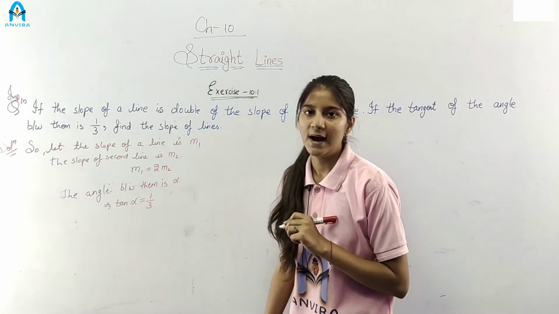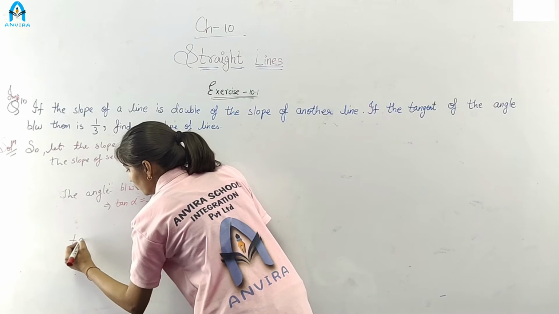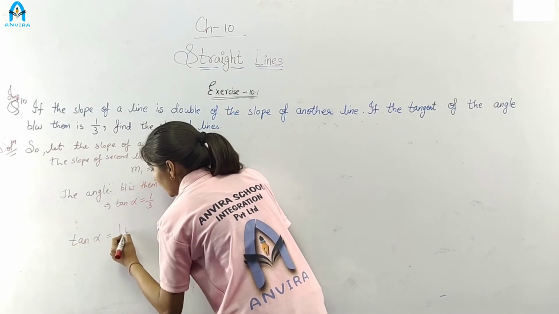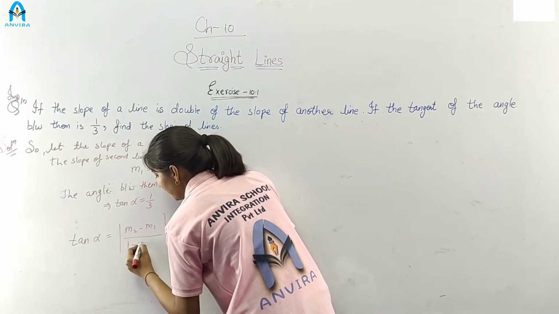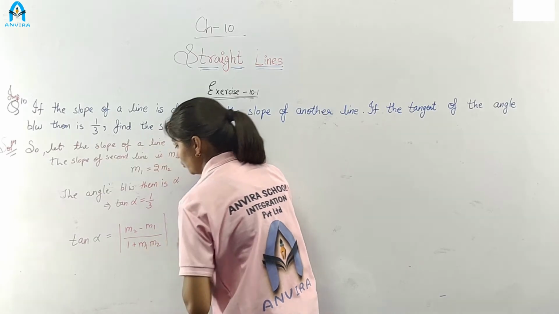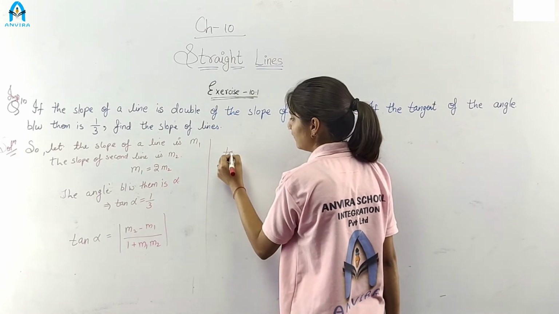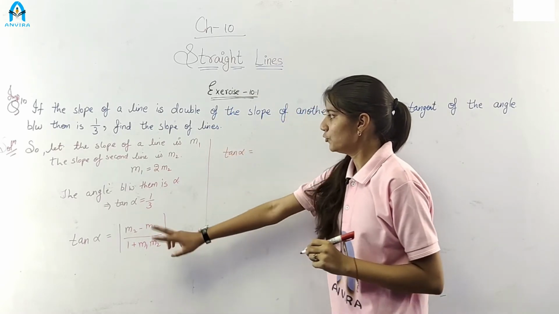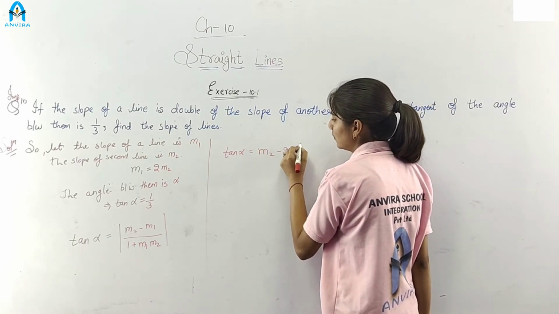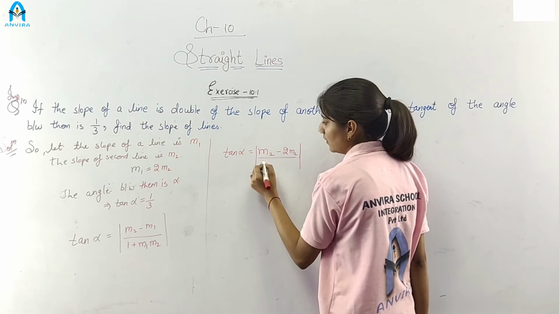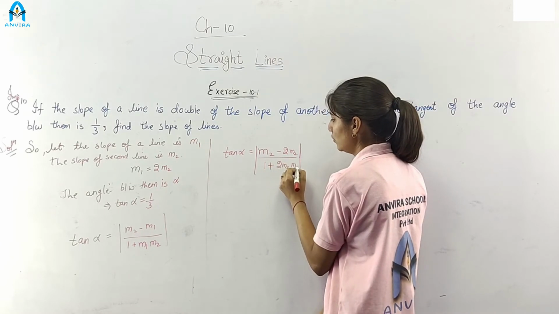So let us recall, the angle between the two lines is given by tan alpha is equal to m2 minus m1 upon 1 plus m1 m2. So now let us put the values. Tan alpha is equal to m2 minus m1, that is m2 minus 2m2, upon 1 plus m1 into m2, that is 2m2 into m2.